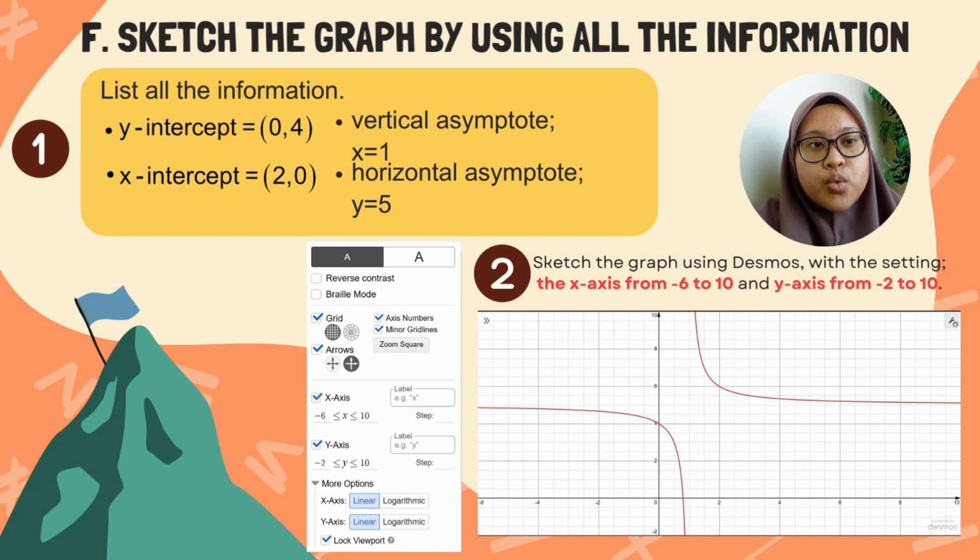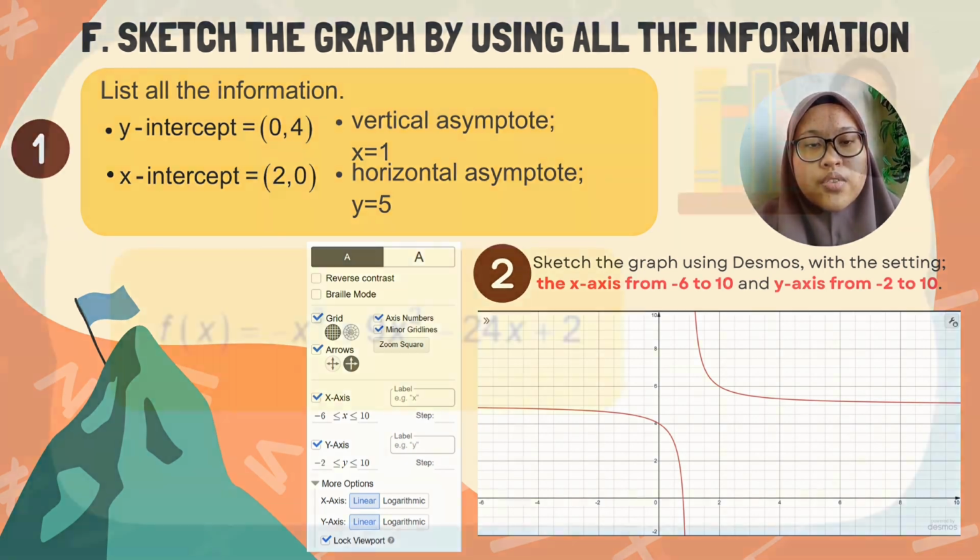The second step, we sketch the graph by using Desmos, with the x-axis from negative 6 to 10 and y-axis from negative 2 to 10. We insert this setting in Desmos and we will get the graph.